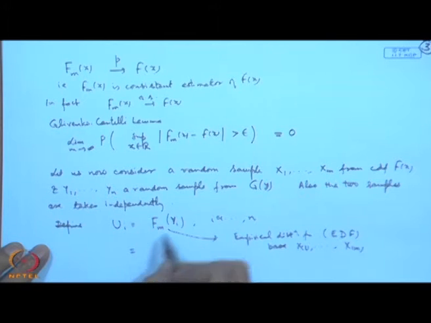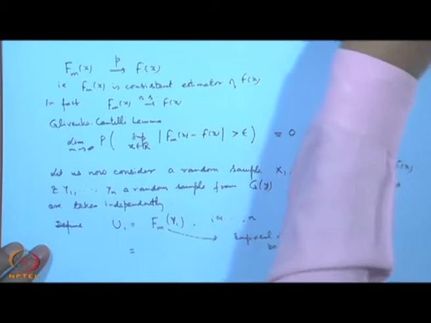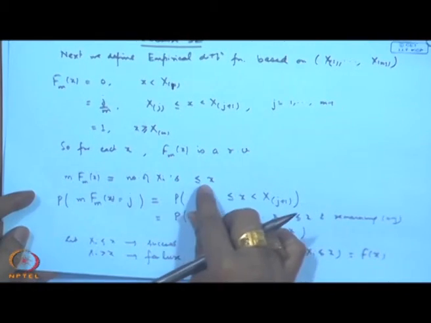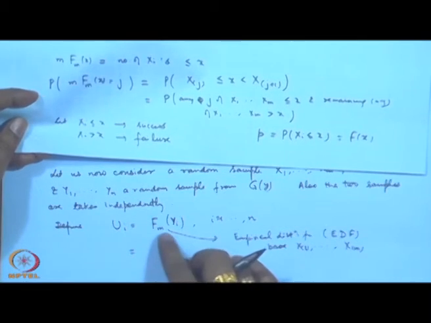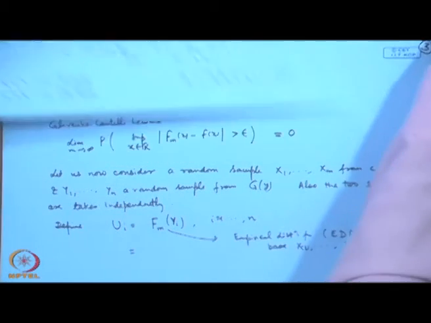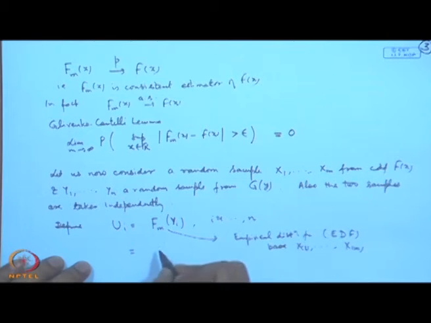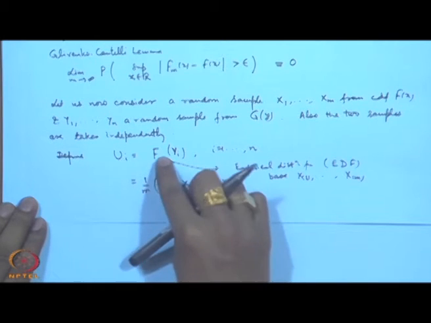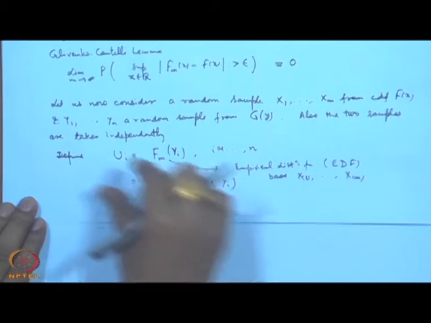So, as we have seen, what is the interpretation of m times F_m(x)? m times F_m(x) was the number of X_i's which are less than or equal to x. Therefore, m times F_m(Y_i) will denote the number of X_i's which are less than or equal to Y_i. So, this will become 1 by m times the number of X_j's which are less than or equal to Y_i. Of course, this notation is similar to the one I used for F(X_i), but now it is in a different context.